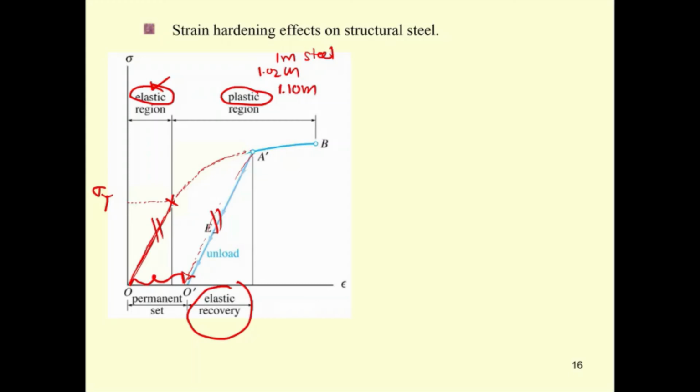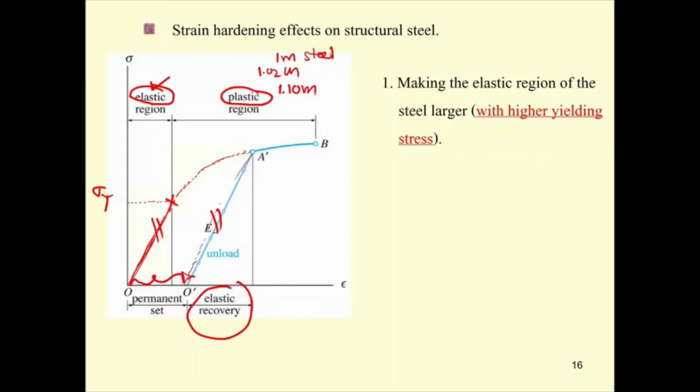If you consider what we have in our examination, we also talk about this kind of behavior. Now, this is the behavior of the material when it is strain hardened. Usually it has an elastic region up to the last line, and now it gets larger to this blue line. That means the elastic region gets larger and you also get a higher yield, so you may use sigma sub y changed to here.